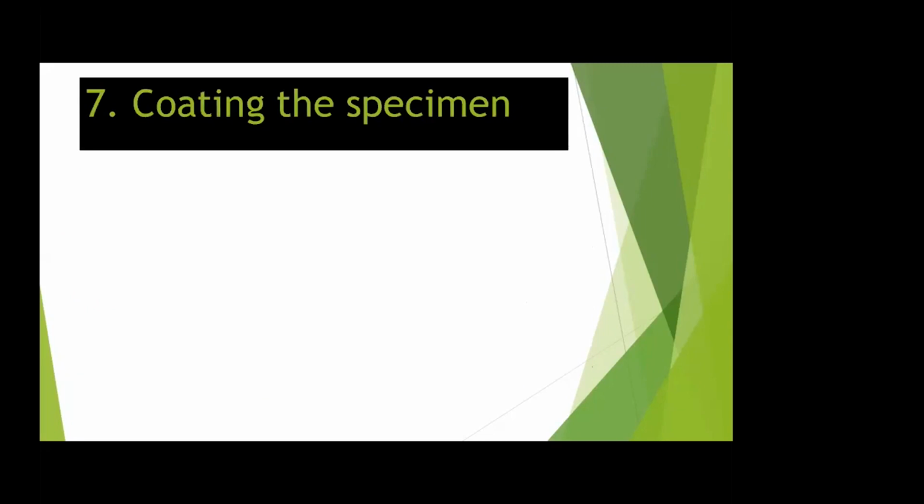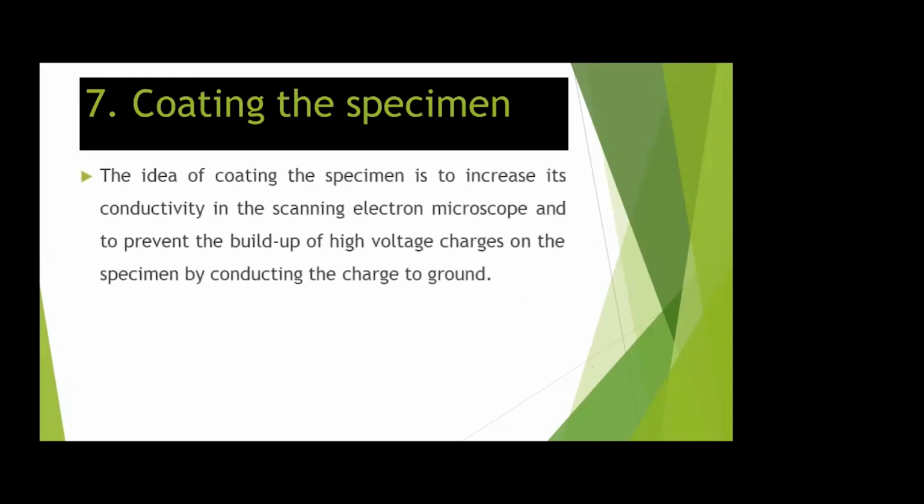Now the last process is coating the specimen. I mentioned in the beginning itself that at least the surface of the specimen should be electrically conductive. Otherwise, you cannot analyze it under the scanning electron microscope. So here the idea of coating the specimen is to increase its conductivity in the scanning electron microscope and to prevent the buildup of high voltage charges on the specimen by conducting the charge to ground.